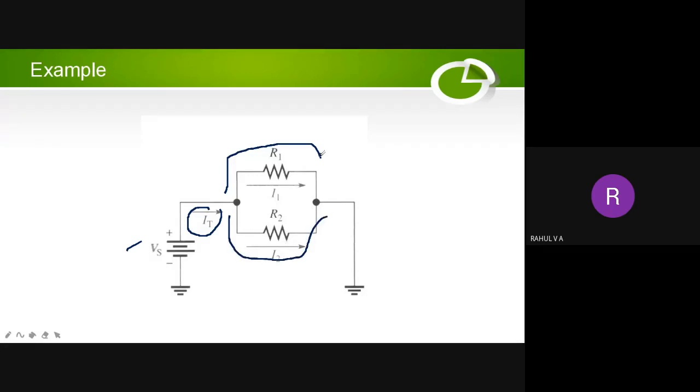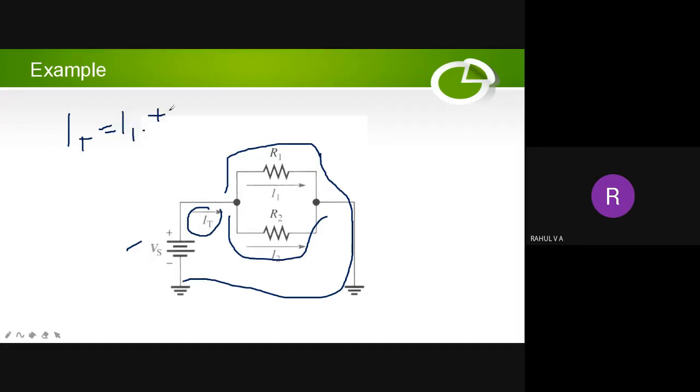Both are divided, and finally it becomes IT again and comes back to Vs. So the total current IT is divided into I1 and I2, so that the total current is given by the sum of the currents through each component, that is IT is equal to I1 plus I2.